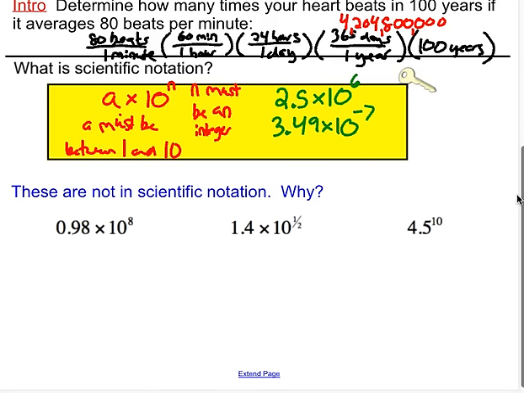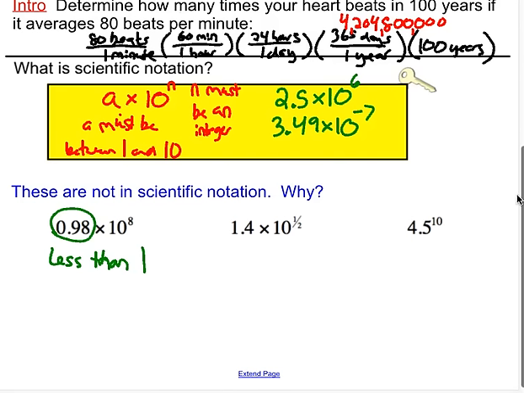So first let's talk about why some of these are not in scientific notation, given this information we just talked about. For the first one, I'm hoping you notice this right here is less than 1.